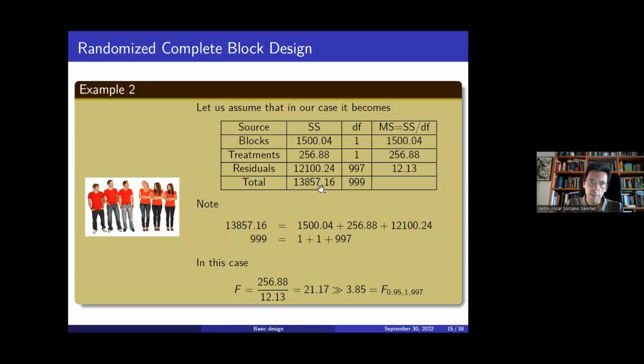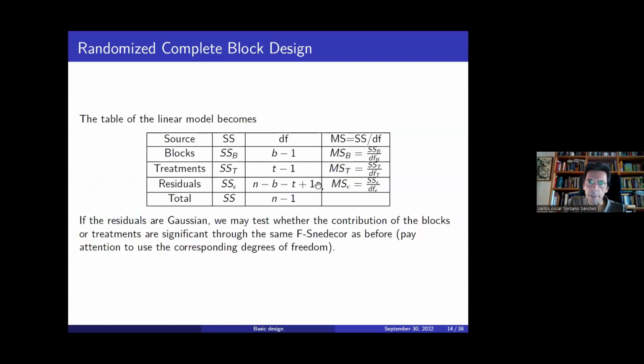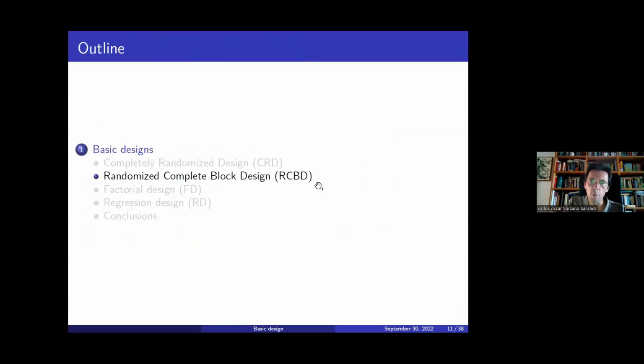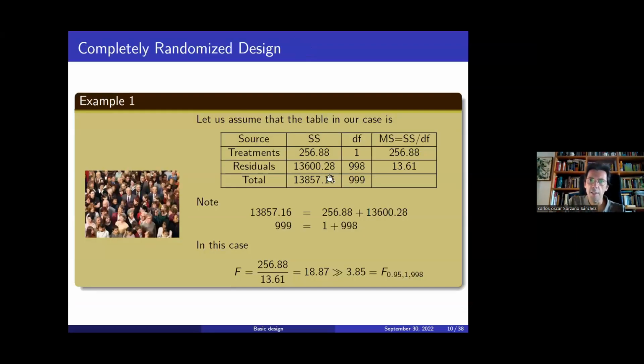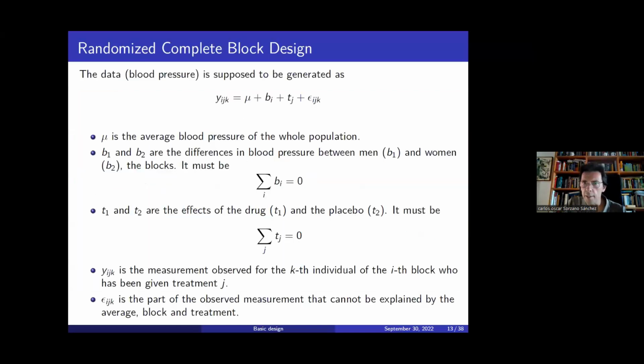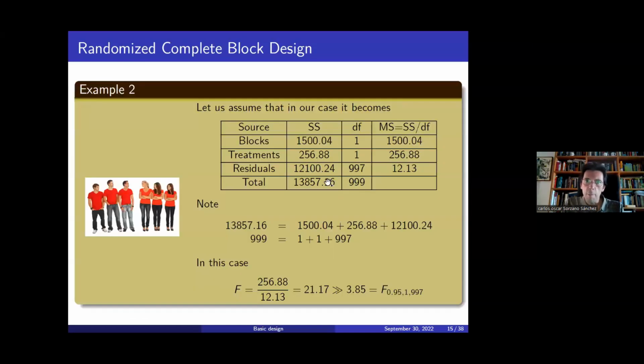So let's look at the numbers again. This total variation is exactly the same total variation that we had in the previous experiment. So if we go back to here, it is exactly the same total variation. The numbers I have collected are exactly the same. But now part of this variability is explained by gender, and this gender variability is taken out from the residuals.